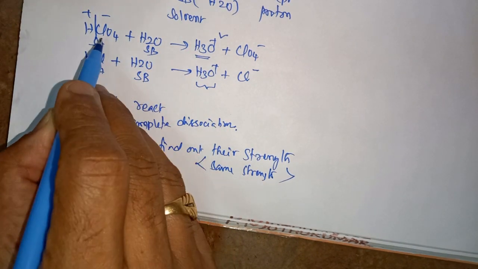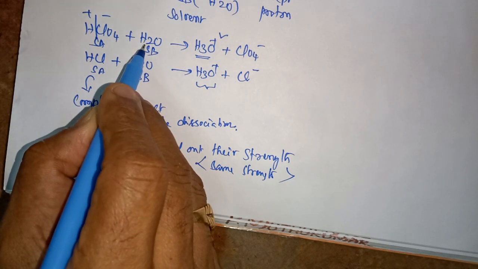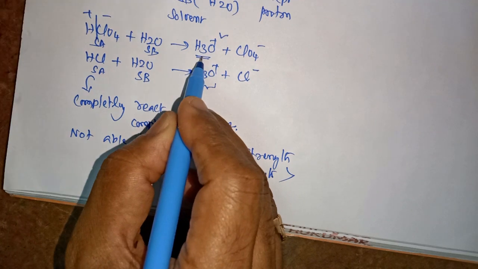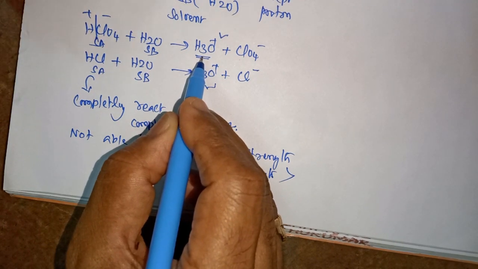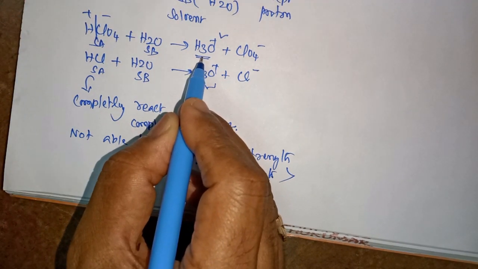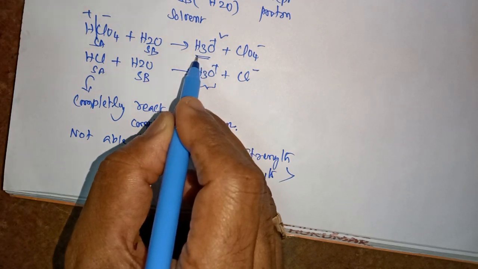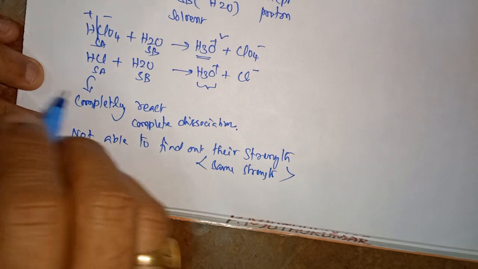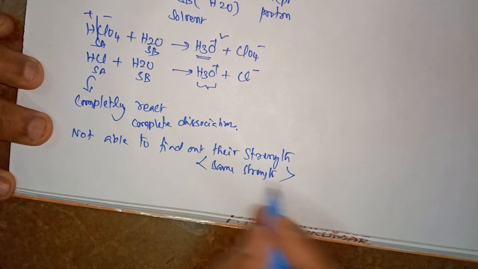Those strong acids will completely react with water and are converted to H3O plus. Their strength is reduced and equalized to H3O plus. So all the acids will behave like having the same strength.